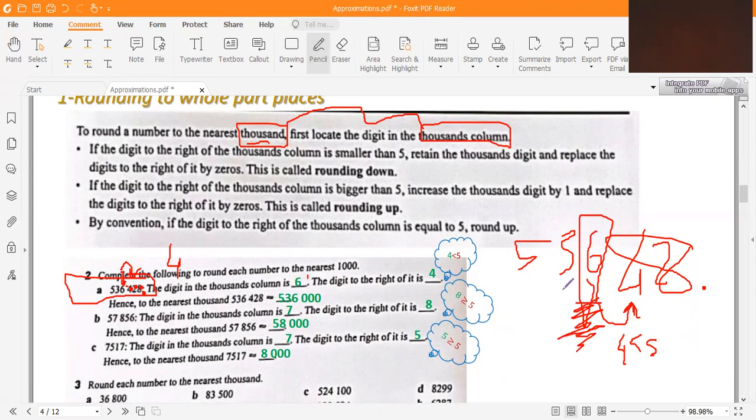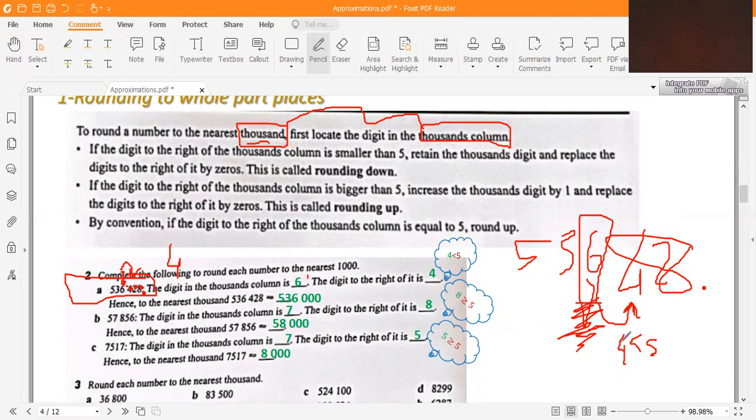We don't change anything, but we replace all the numbers on the right of the digit in the thousand column by 0.